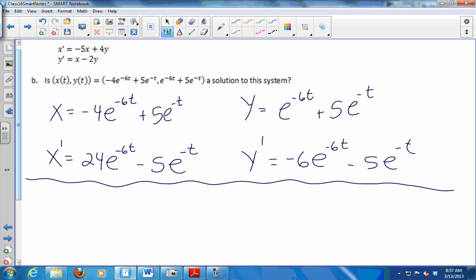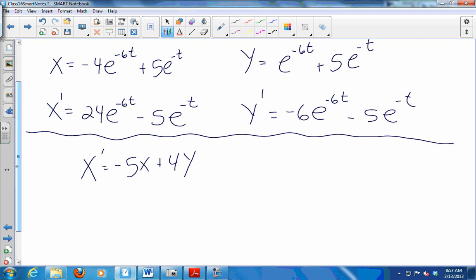Okay, so I'm going to write down my equation, x prime equals negative 5x plus 4y. And then I'm going to substitute in expressions for x, for y, and for x prime. So I have 24 e to the negative 6t minus 5 e to the negative t.